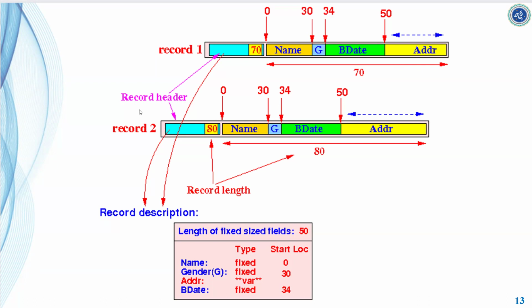For record 2, the size of the record is given as 80, and 50 positions are reserved for the fixed-size fields, and the variable-size field is the address. So in record 2, 30 bytes are given for the address part.